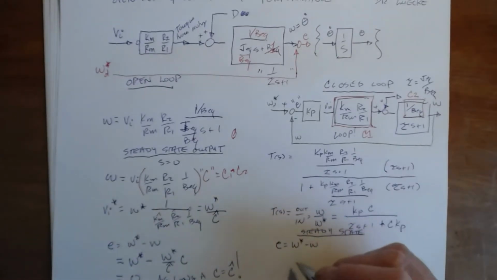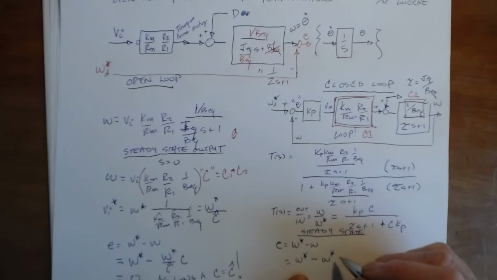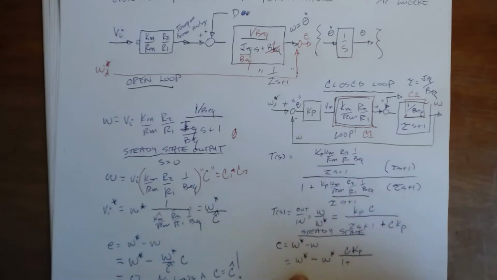And if I plug in what omega is, omega is going to be omega star times C Kp divided by 1 plus C Kp.